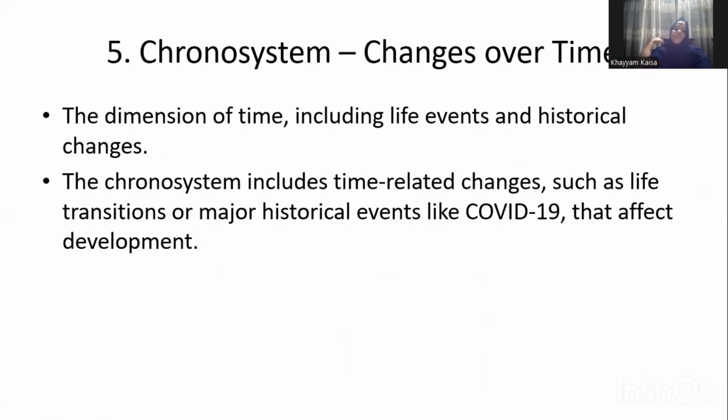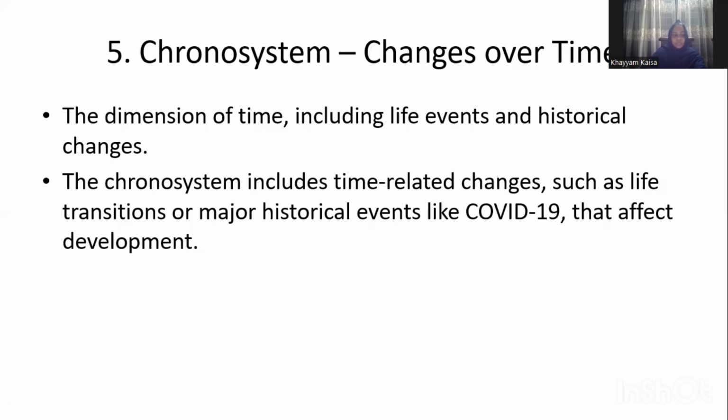The dimension of time, including life events and historical changes. The chronosystem includes time-related changes such as life transitions or major historical events like COVID-19 that affect development. We know that five years ago, we got COVID influenza. So after that, it was difficult to do education, so we started online teaching.